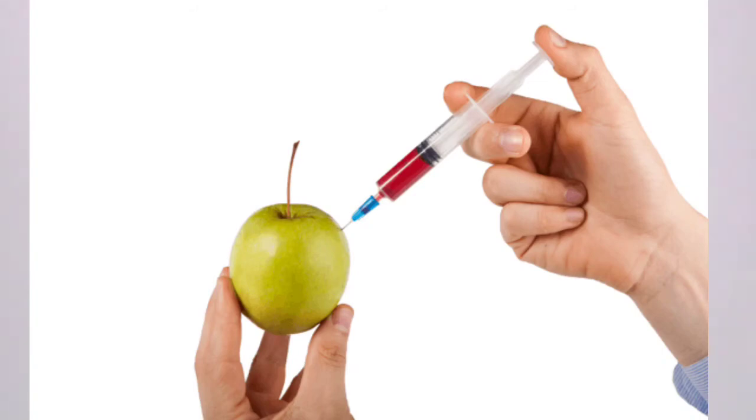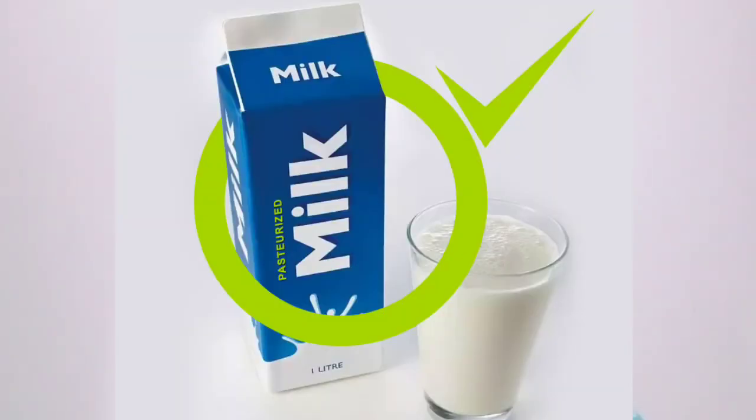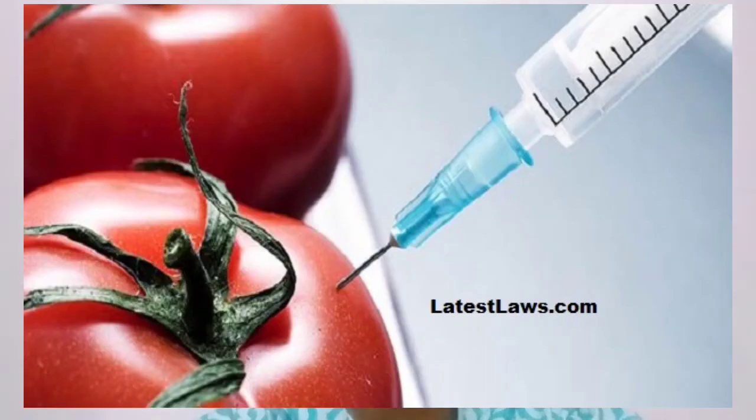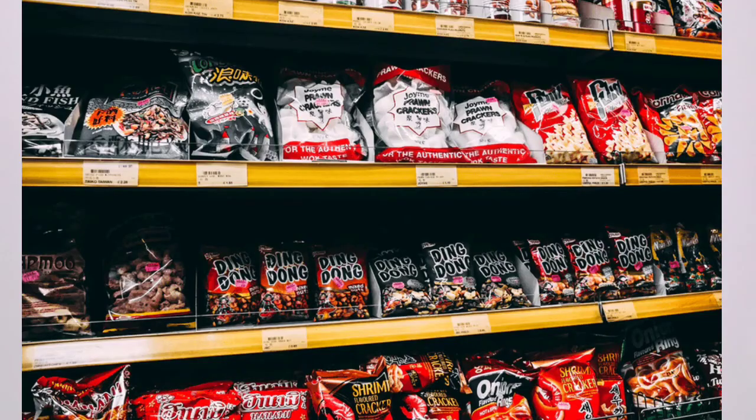Dear students, always remember some chemicals are injected in fruits to make them attractive, tasty. Milk vendors add urea to the milk so that it appears to have a higher fat content. Shopkeepers change the expiry date of food packets and airtight containers to avoid their financial loss.